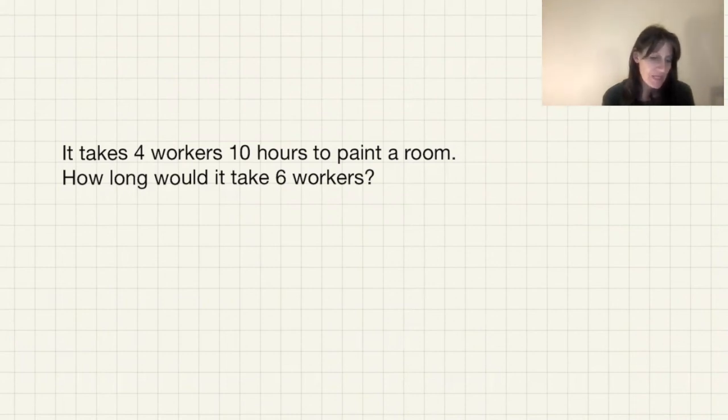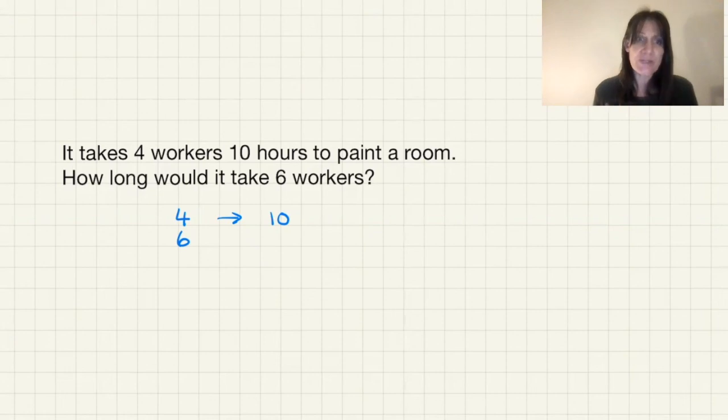All right, so this one is trickier. There's no mention of the word inverse. So we've really got to think about the context. We've got this fact that 4 workers will take 10 hours. So if I had 6 people on the job, and this is where I really do need to give context, think about the reality of this question.